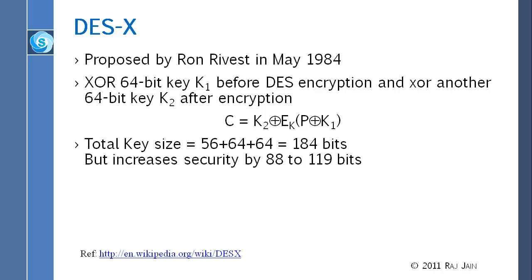You take a key, any key, and exclusive OR with plain text, then you run DES, and then you exclusive OR with a second key. That, he says, will give you 184 bits of security, although with all these attacks and everything else combined, you will reduce it to 119 bits, which is very close to triple DES.